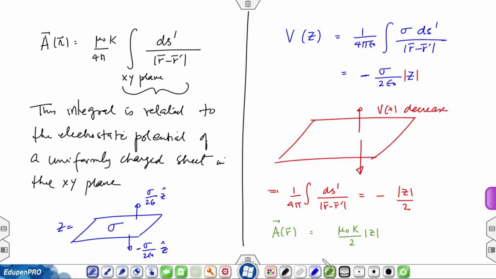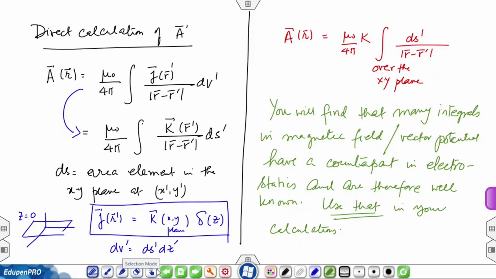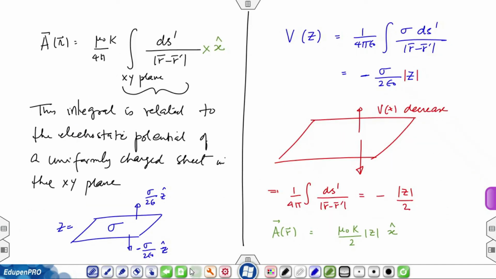And it is in the x direction, the current is in the x direction. I had not put it here, so I should put it here. Let me see in the previous page. I had not put it there also, but I correct myself. So, this is the answer, which is equal to, with the minus sign, mu naught k over 2 minus z for z greater than 0, and plus mu naught k over 2, there is a minus sign in front, z for z less than 0.